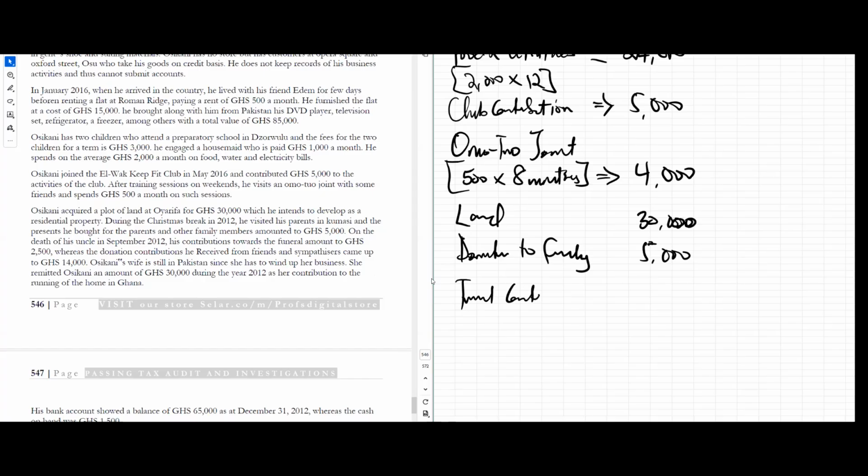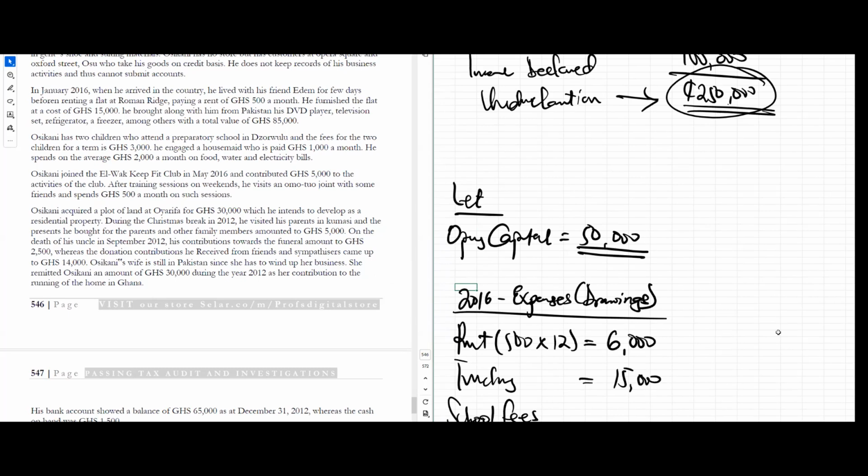Funeral contribution, how much did he contribute? 2.5. Whereas donation contributions he received from friends and sympathizers came up to 14,000, right? So that one is an income. So donation received for the funeral.